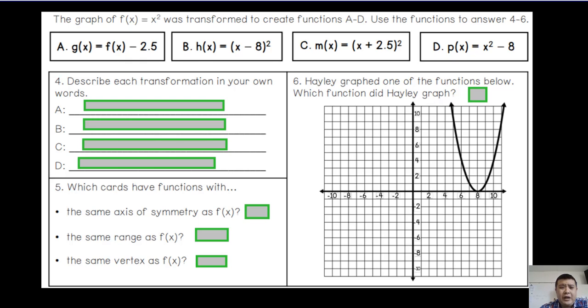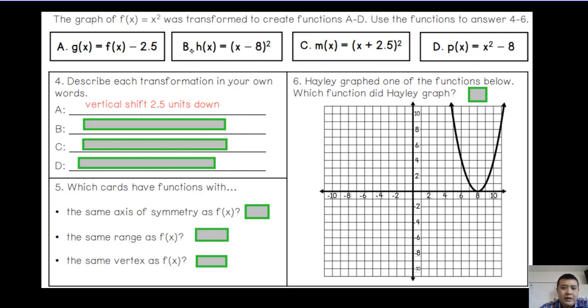The graph of f of x equals x squared was transformed to create a through d, and use the functions to answer 4 through 6. Describe each transformation in your own words. So here, we're subtracting 2.5 from f of x, which means we're going to shift down 2.5 units.